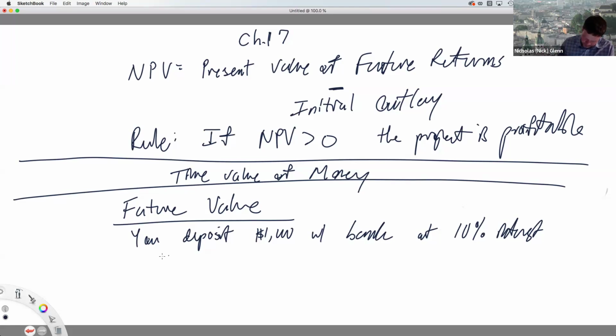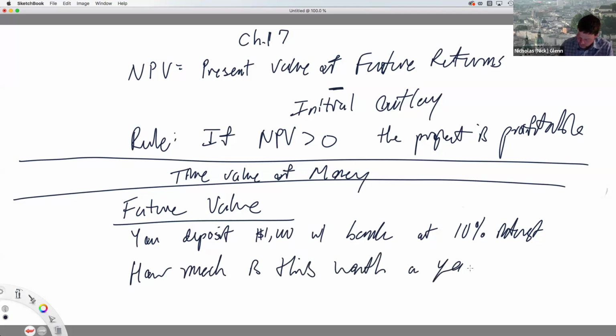All right, so let's get back to it. We're going to talk about the future value first. You deposit $1,000 with the bank at 10% interest. How much is this worth a year from now? So what we'll do now is use the formula that we use to calculate future values.